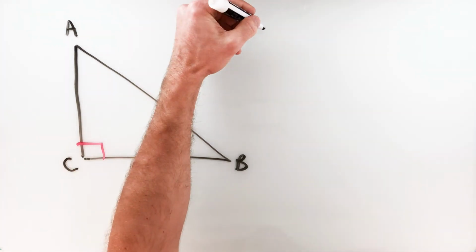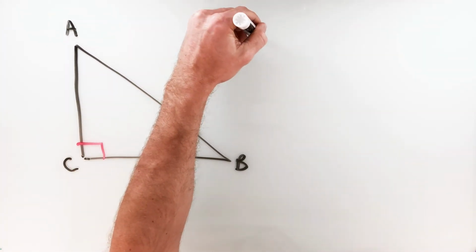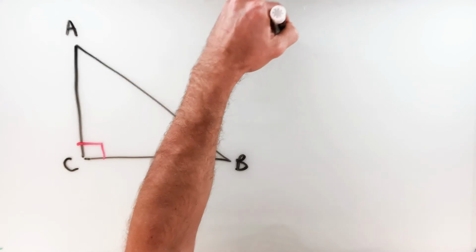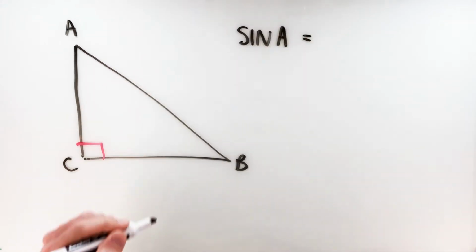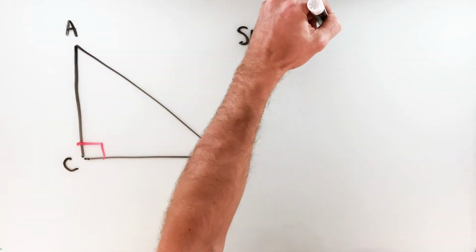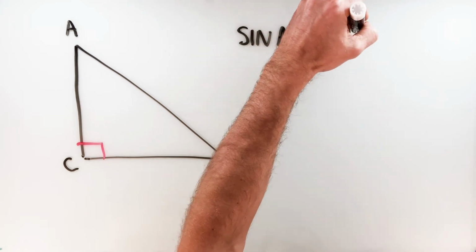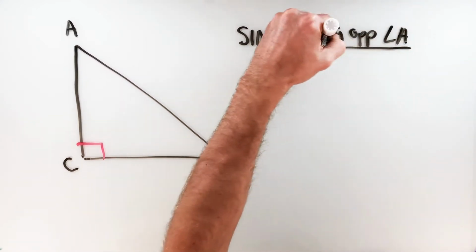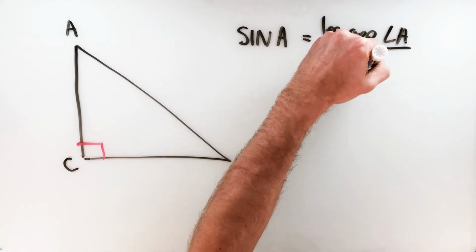So, with definitions here, the sine ratio, abbreviated SIN, the sine of angle A is equal to the length of the leg opposite of angle A over the length of the hypotenuse.